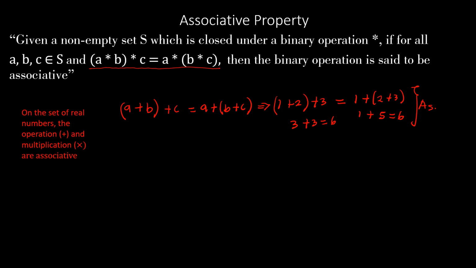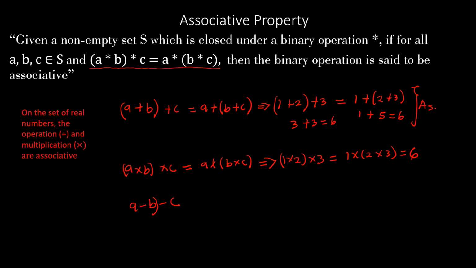Also under multiplication, if you have (A × B) × C, it must be equal to A × (B × C). For example, if you have (1 × 2) × 3, this is also equal to 1 × (2 × 3), and we have everything to be equal to 6 also. But looking at subtraction, if you have (A − B) − C, this is not equal to A − (B − C).